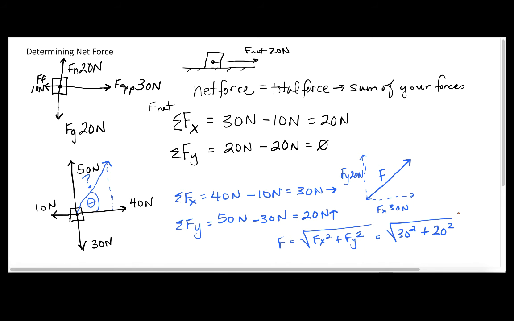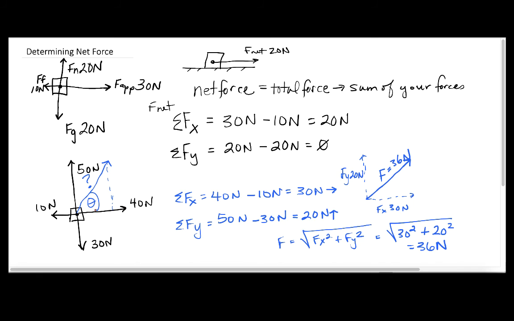So that's going to give us the square root of 30 squared plus 20 squared, which is 36.0555, which rounds to about 36. And this is a force, so it's newtons. So this overall force here is 36 newtons.